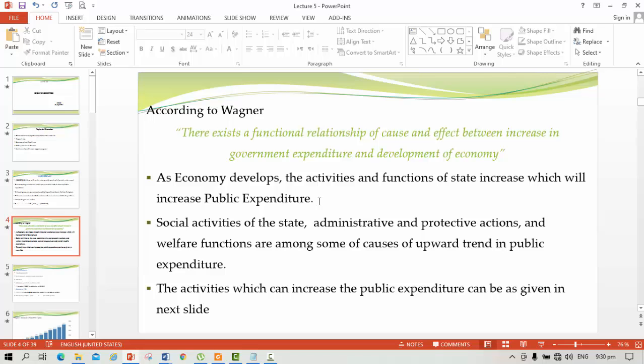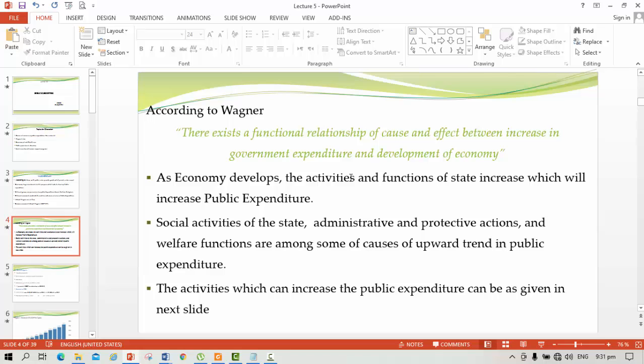Wagner says that when the economy develops, the functions and the activities of the state also increase. There is increased spread of the provision of different facilities and different public goods, which leads to an increase in public expenditure. Therefore, the development of the economy and the increase in public expenditure are directly related.